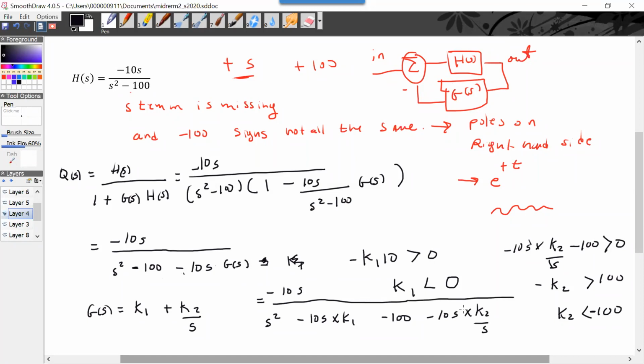And so I just have to have it less than negative 10, and it'll do it, because we just need this bit positive and this bit positive. All the terms of S are there, and then it'll be stable.